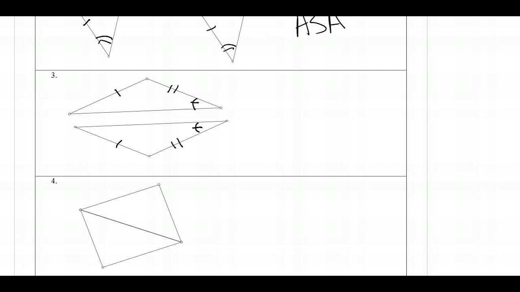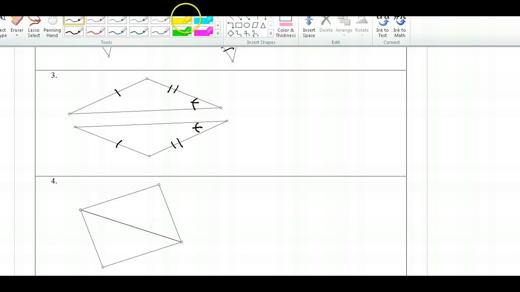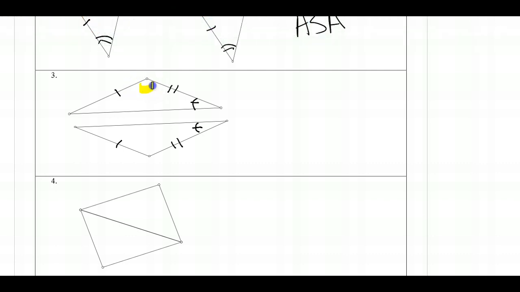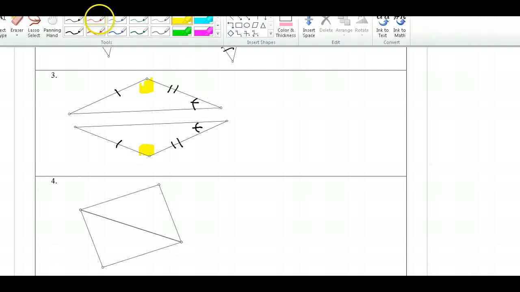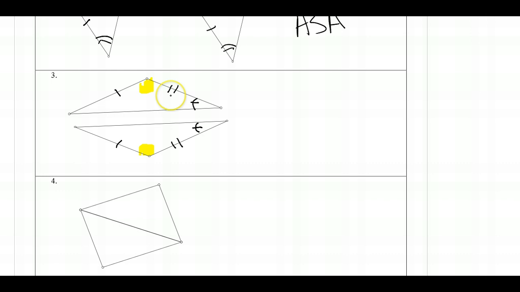So hopefully you notice that the angle that we're given is not the included angle. It's not the angle in between the 2 sides. If it was the included angle, it would be this angle over here and this angle over here, but it's not. It's the angles on the right sides. So since the included angles are not congruent, really there's no method that we can use to prove these congruent.